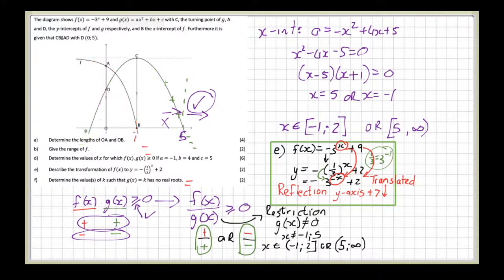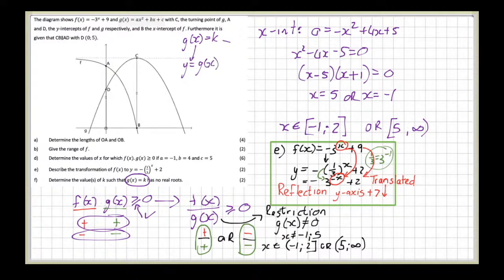So I'm going to erase everything that I wrote down to explain how I would do F. The moment they ask me g of x equal to k, what I like to do, and you can watch one of my other videos as well, is split this thing up into two things: y equal to g of x, that's just the function g of x, and y equal to k, which is a horizontal line. Let me not do dashed lines. There we go.